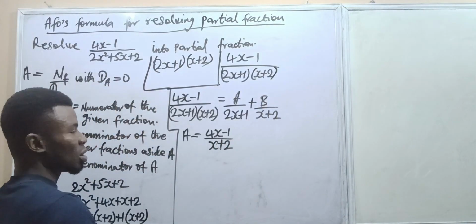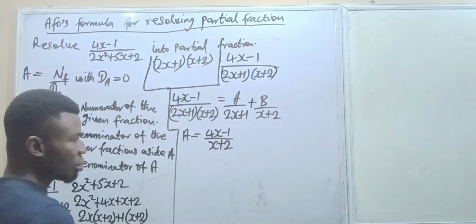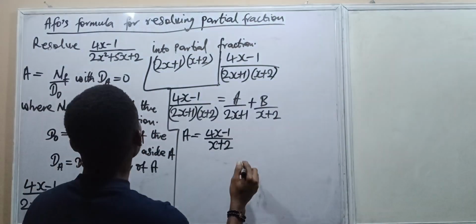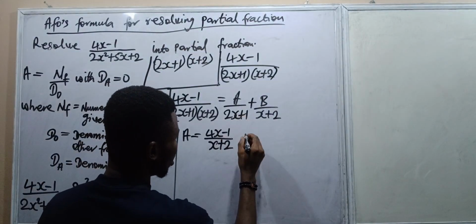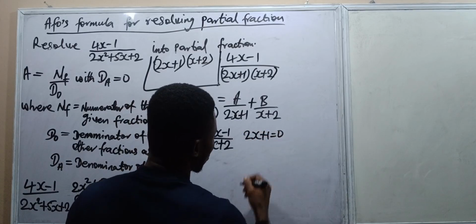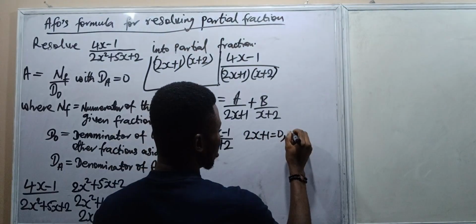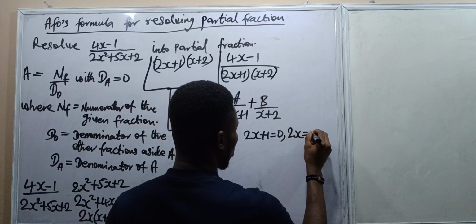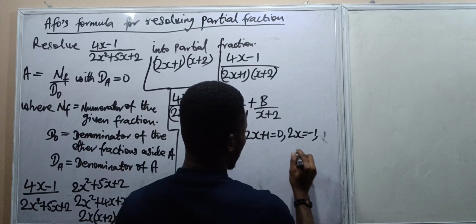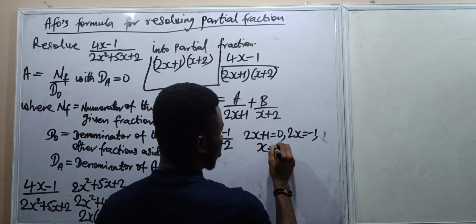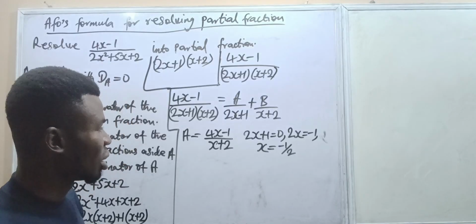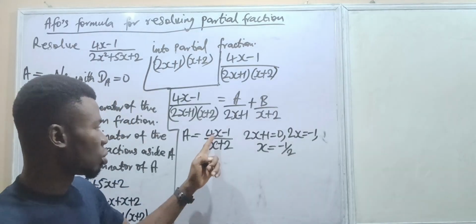Remember, we only have one denominator after aside A. Now the denominator of A is equated to 0. That is 2x plus 1 equals 0. If we solve, 2x is equal to minus 1, and from there x is equal to minus 1 over 2.